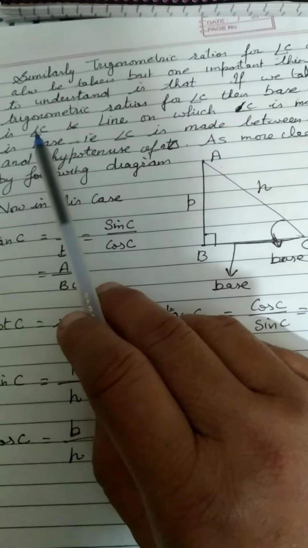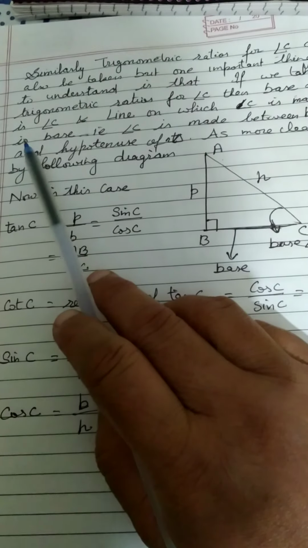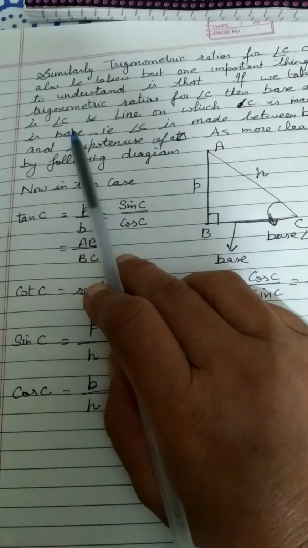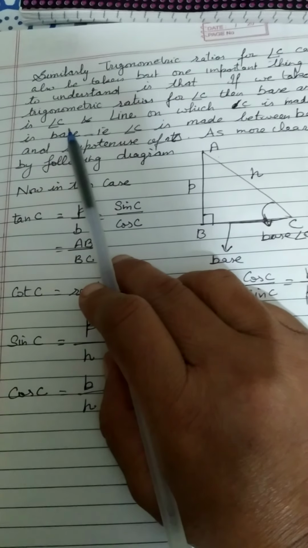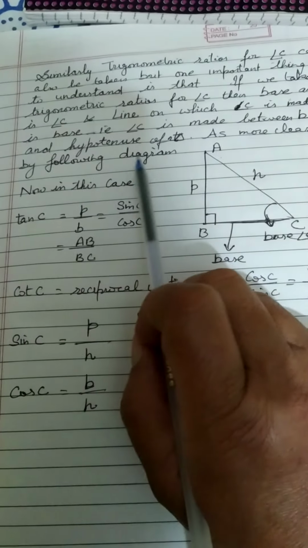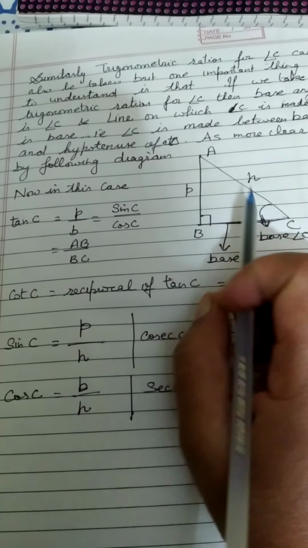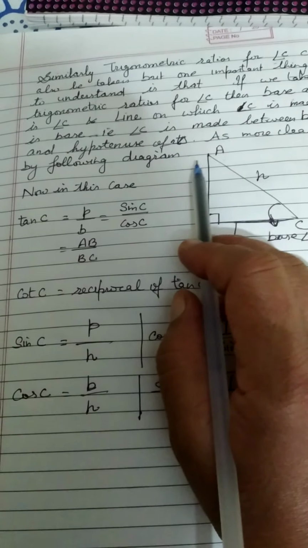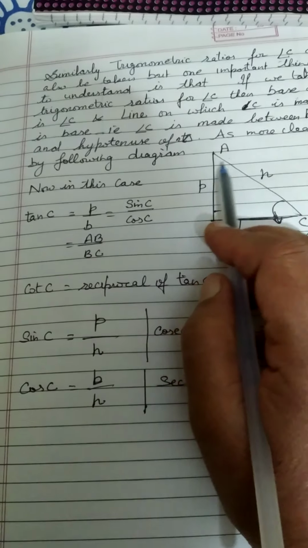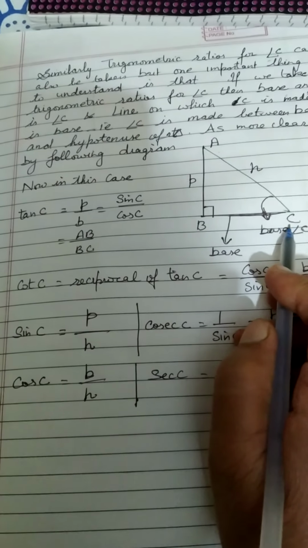If we take trigonometric ratios of angle C, then the base angle is angle C. We have two acute angles in a right angled triangle, one was angle A and the other we are considering is angle C, because the right angle is formed at the point B. Therefore, we can find the trigonometric ratios of A as well as of C. Just now we found the trigonometric ratios of A, where the base angle was A. Now we are finding them for C, where the base angle is C.